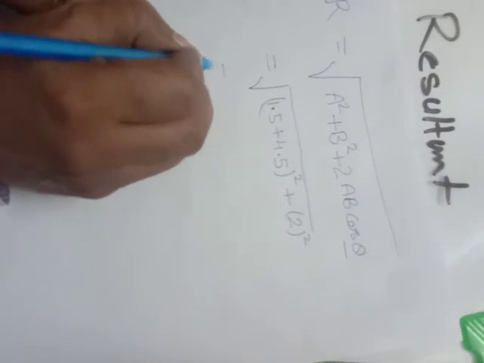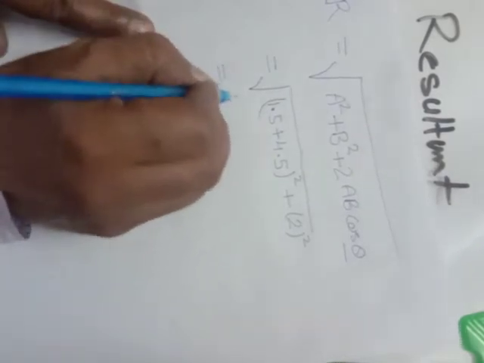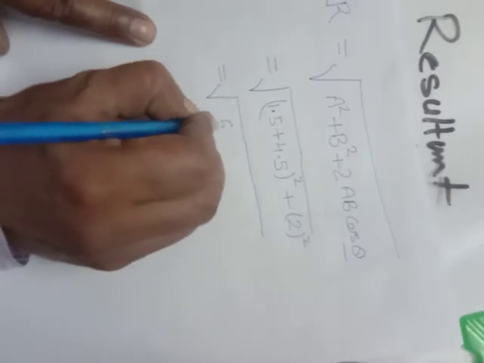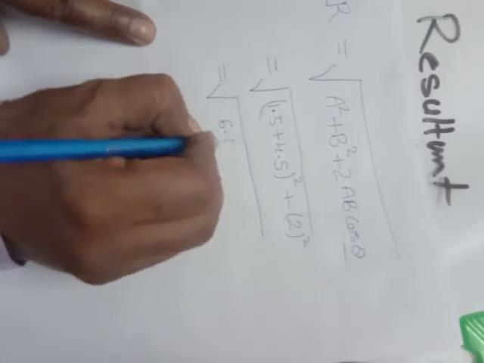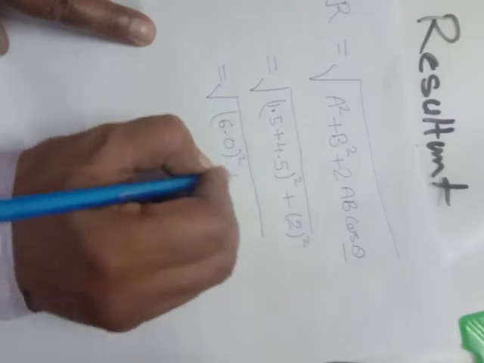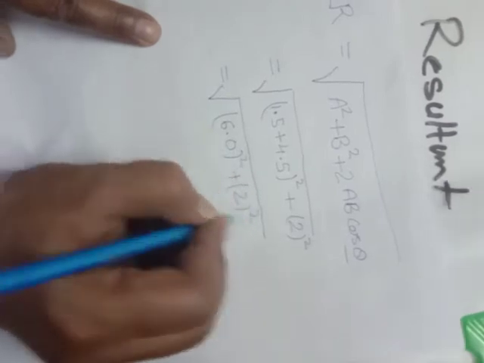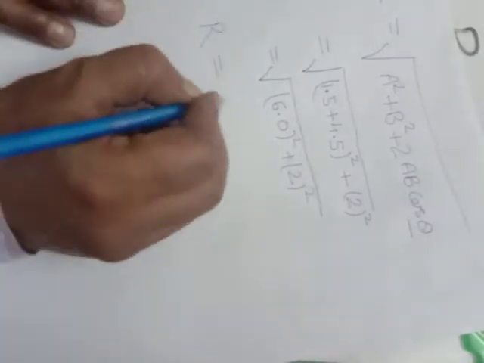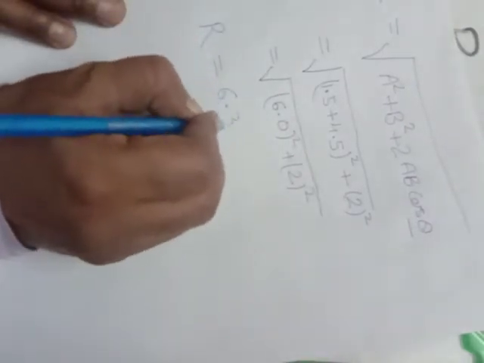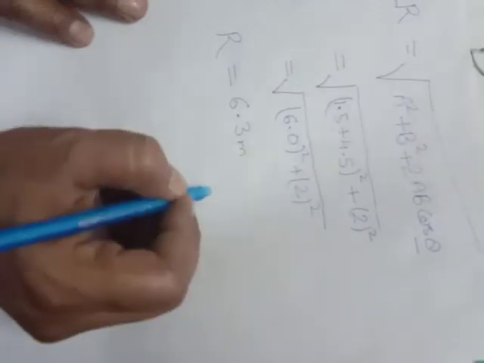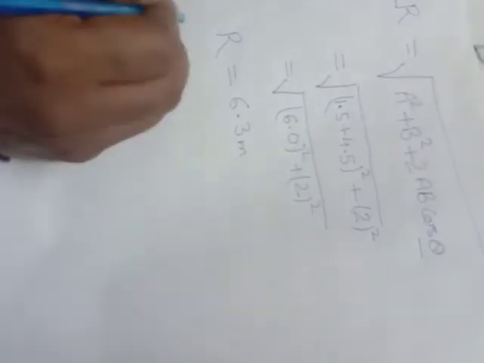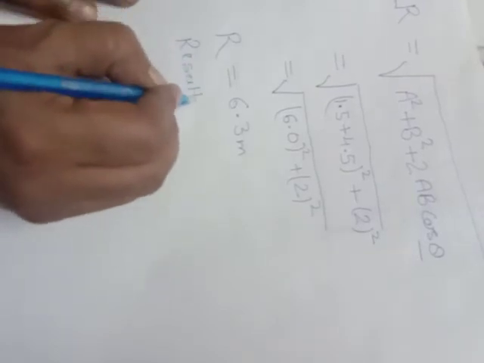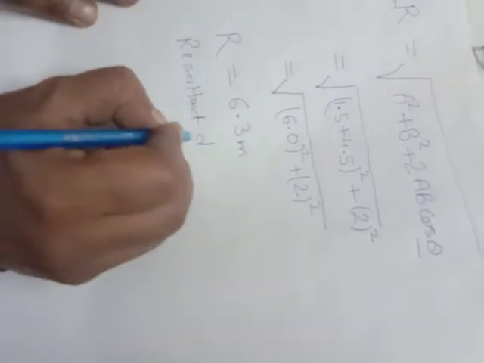By adding we get 6 meter whole square plus 2 whole square. On solving, we get R equals 6.3 meter. So this 6.3 meter is the resultant displacement.